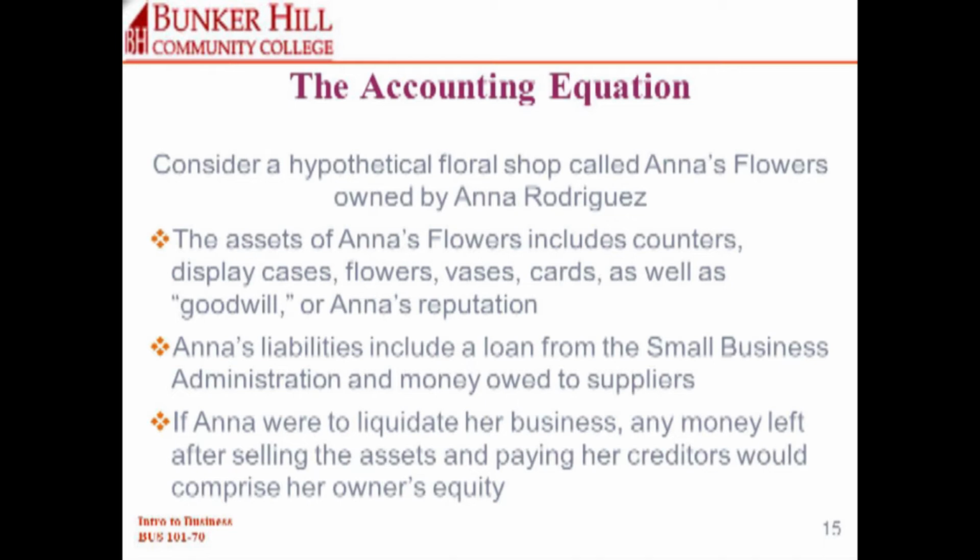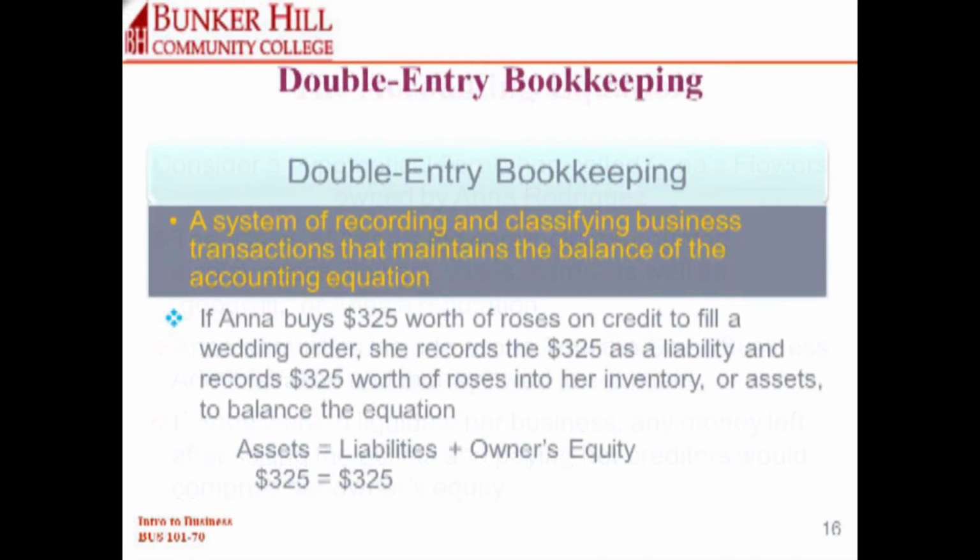She might have bought them on credit and she has to pay them back as she sells. We talked about that before. You can get a credit on the inventory that you get in if you're selling it at retail. So if she were to liquidate her business, meaning that she would convert all of her assets to money, which can flow a lot easier, then any money left over is really what she's got in terms of owner's equity.